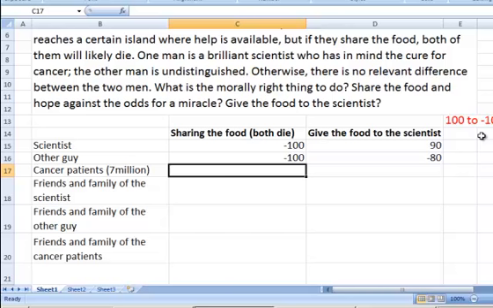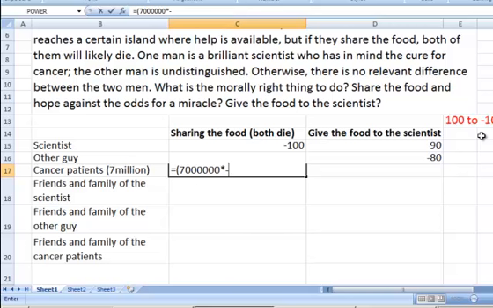Now our cancer patients, they're not going to be too happy about dying, of course. They're never going to be cured. So we've got 7 million of them. And of course all of them are going to die under different circumstances. Some are going to be children, some will be elderly, some will be in their 20s and 30s.